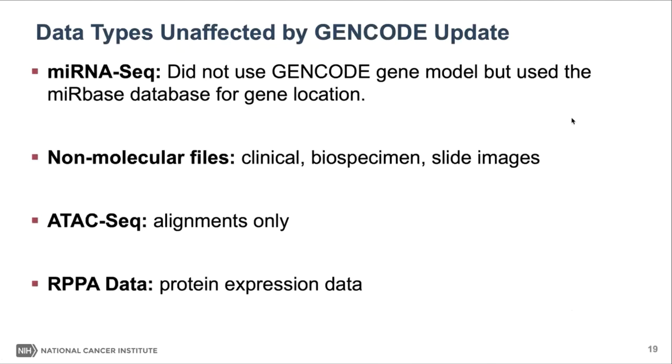In addition to all the things that I showed you with the previous experimental strategies, microRNA-seq remains unchanged. You should see no changes between the files in data release 31 and data release 32. That's because the microRNA-seq data did not use the GENCODE gene model, but used the miRBase database for gene location. So that one was unaffected by GENCODE 100%.